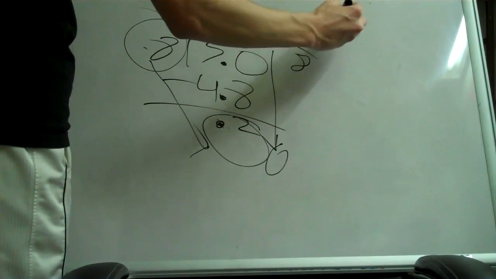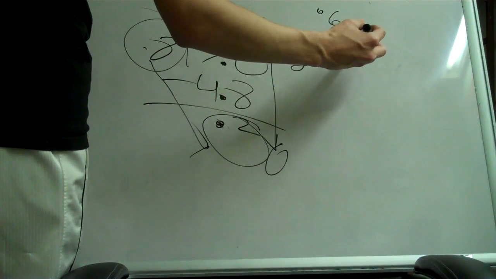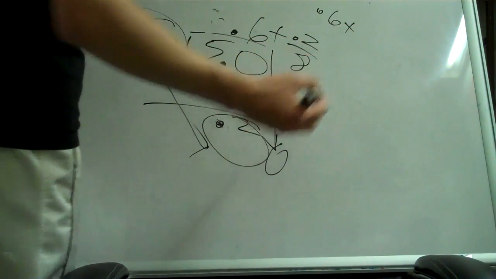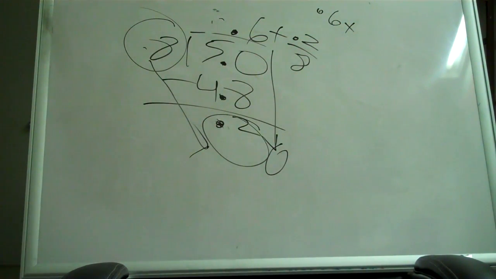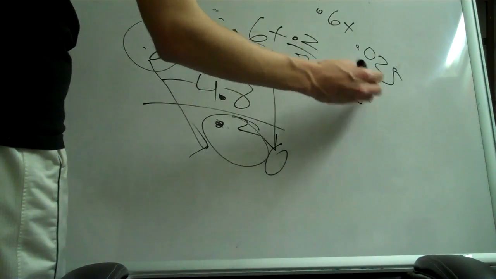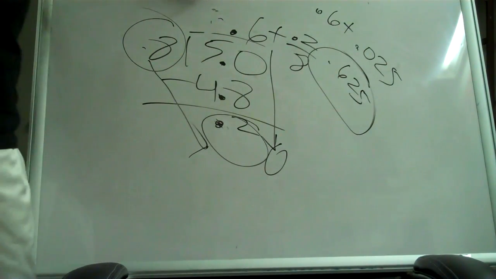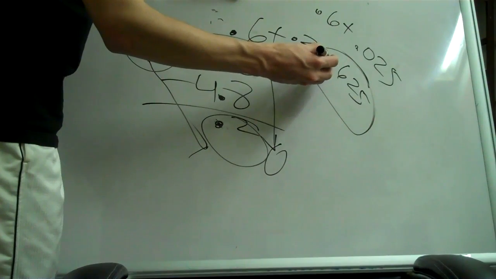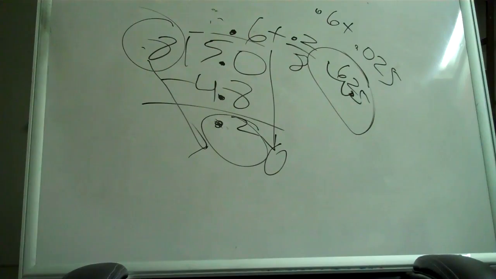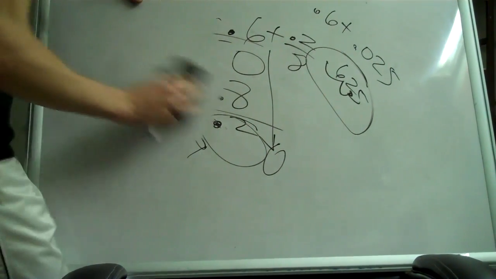So 0.6 plus 0.2 divided by 8 can be reduced to 0.025. So 0.625 is your answer. That's the decimal. Percent's pretty easy. All you have to do to convert to percent is move the decimal over to the right 2 places: 62.5%.